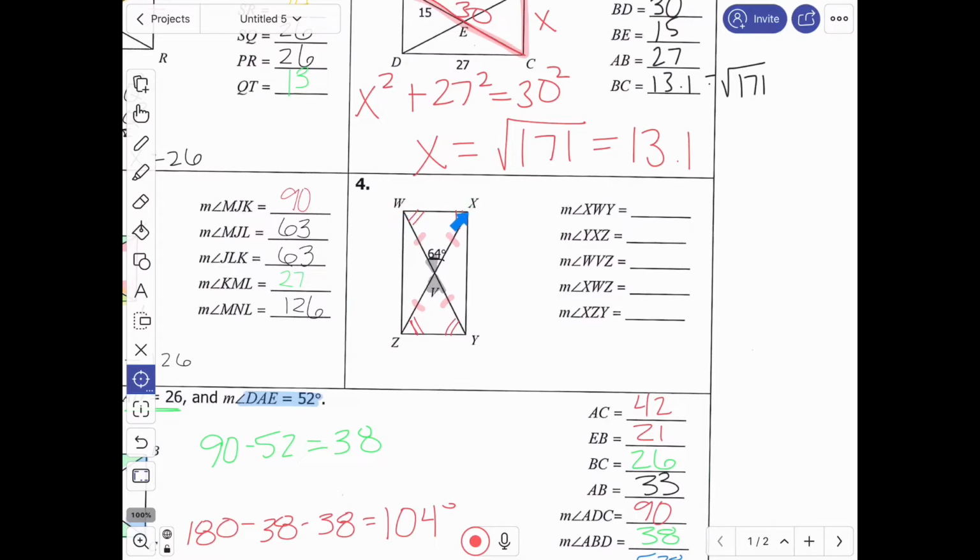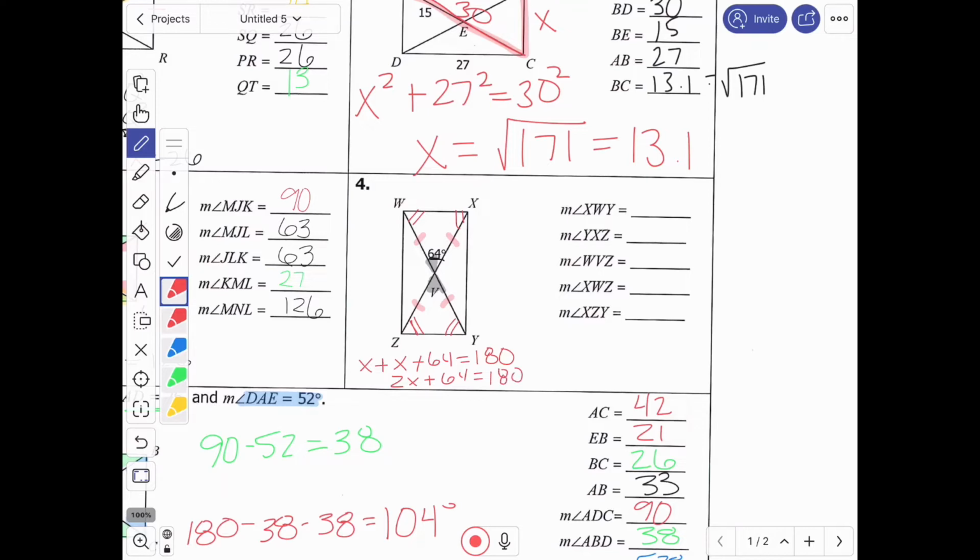This is also the same angle, so I'm going to also call it x. So x plus x plus 64 equals 180.